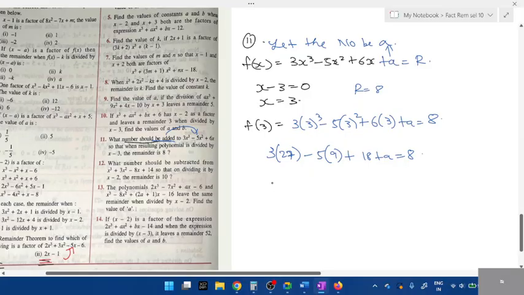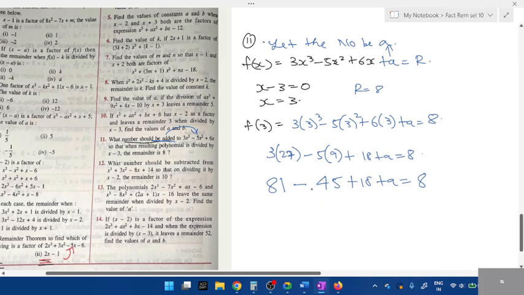All of you done? Shall I solve? Negative. Okay, fine. 3 into 27. How much is 3 into 27? 60 plus 21, 81 minus 45 is equal to 8. If you want, you solve it here and shift it, or shift and solve, students.